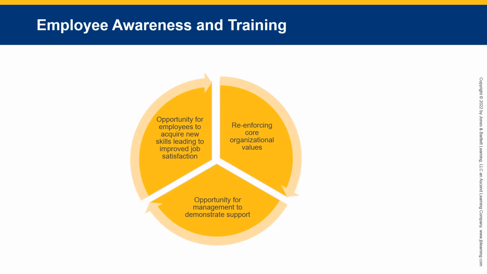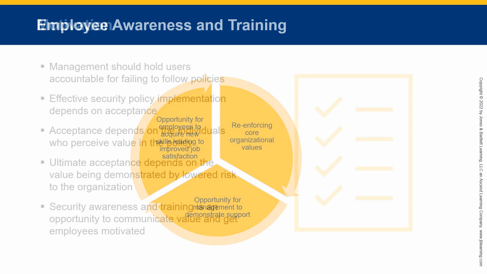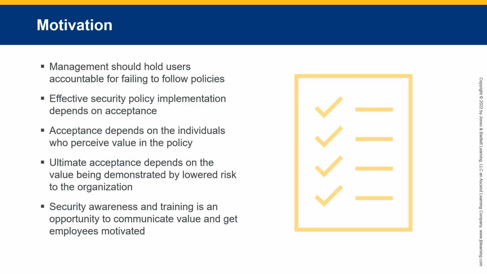Employee awareness and training. Opportunity for employees to acquire new skills leading to improved job satisfaction, reinforcing core organizational values, and opportunity for management to demonstrate support. Motivation. Management should hold users accountable for failing to follow policies.